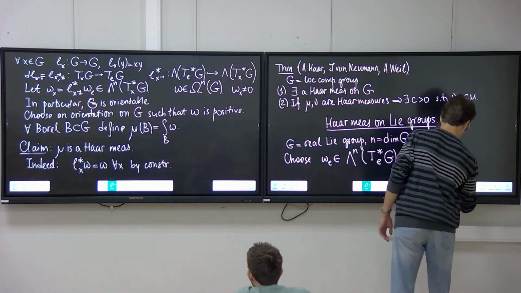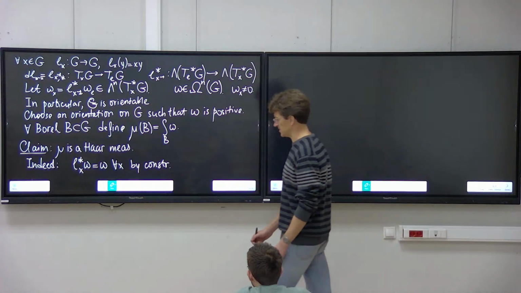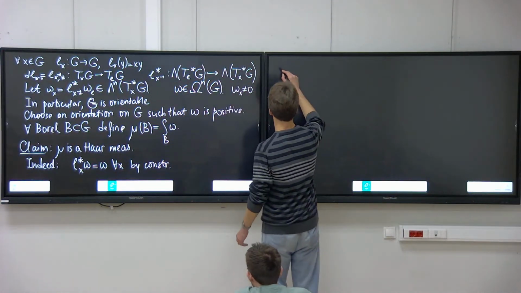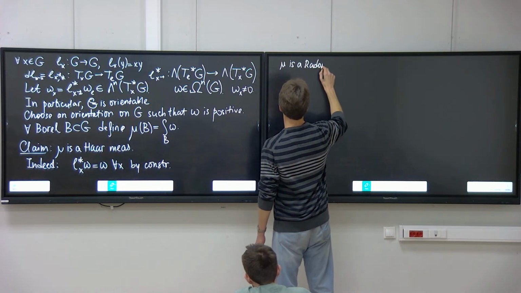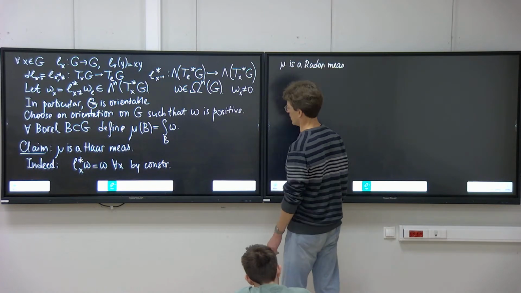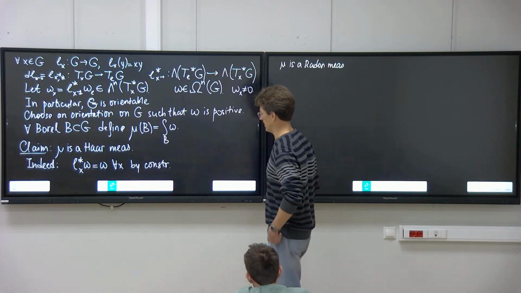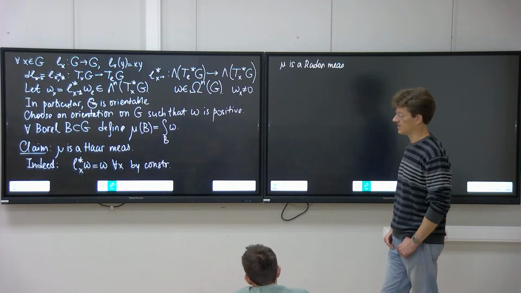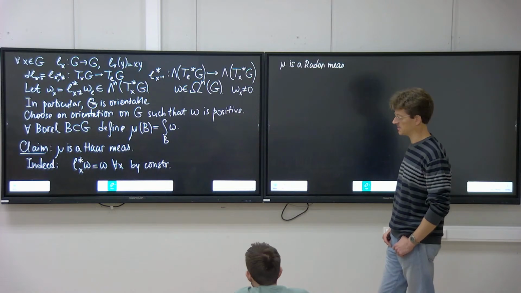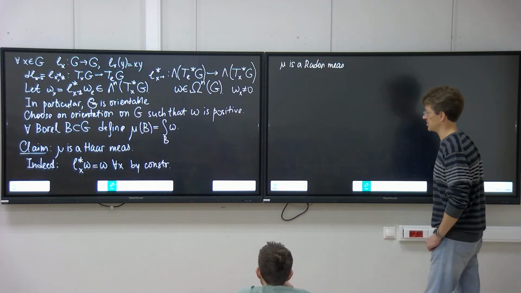Next, we observe that mu is indeed a Radon measure. Well, indeed, it is a measure by the properties of the integral. Why is it a Radon measure?